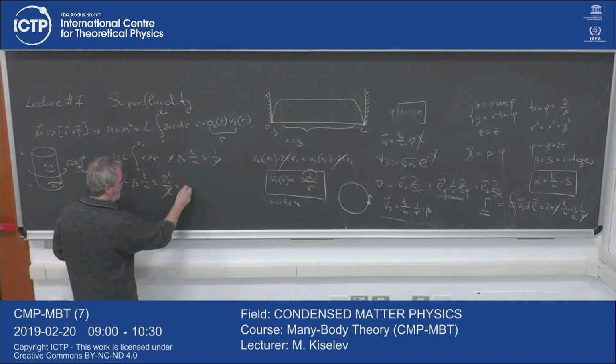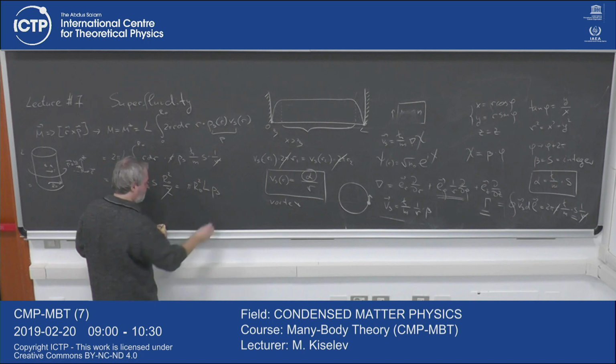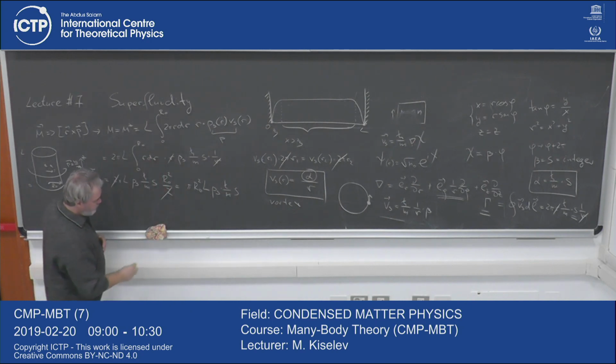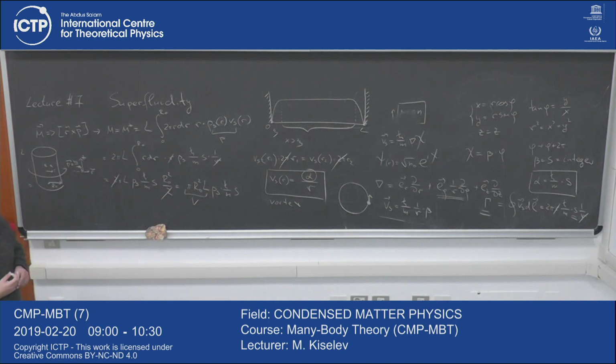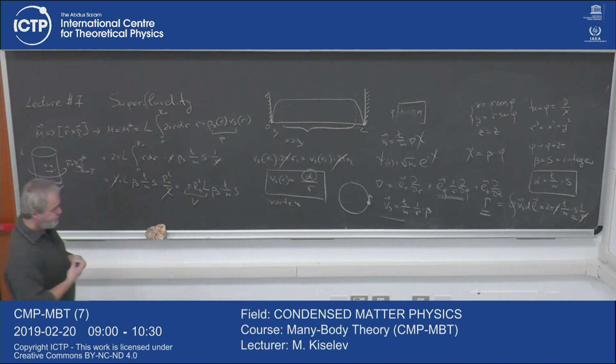So what I have here is pi r naught square L times rho s times h square over ms. So this is the volume of the cylinder, right? Volume times, yeah.